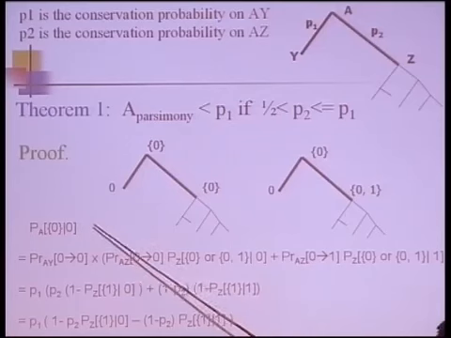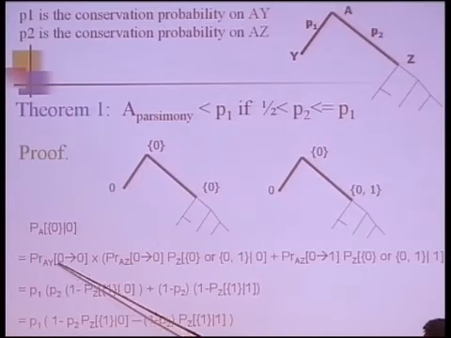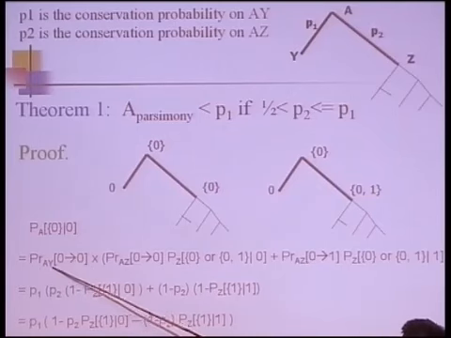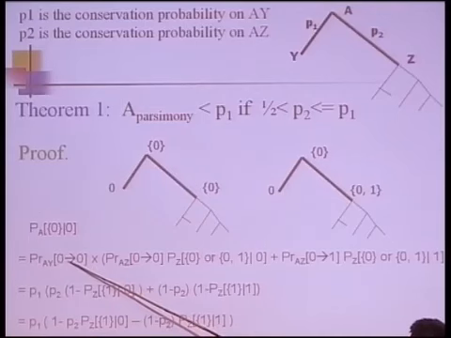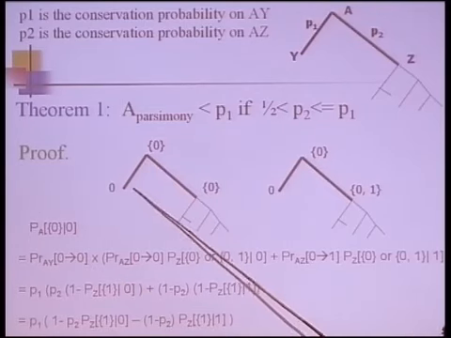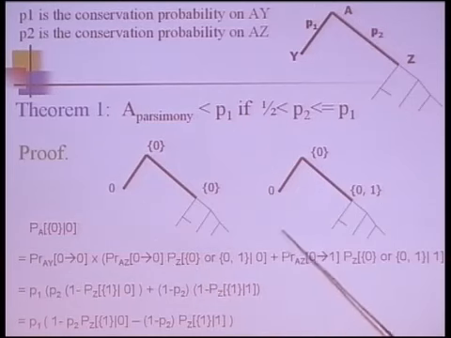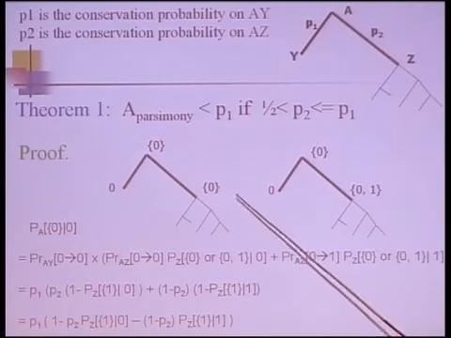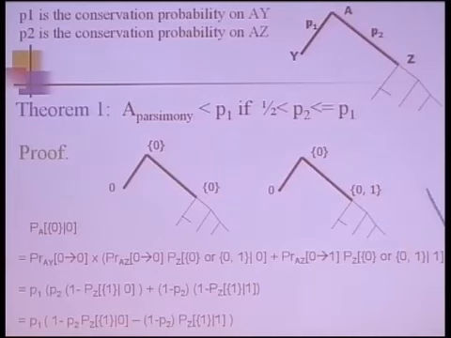So therefore, this true probability can be calculated in this way. This is the conservation probability on this lineage. Then this is the probability that the method outputs these two answers.